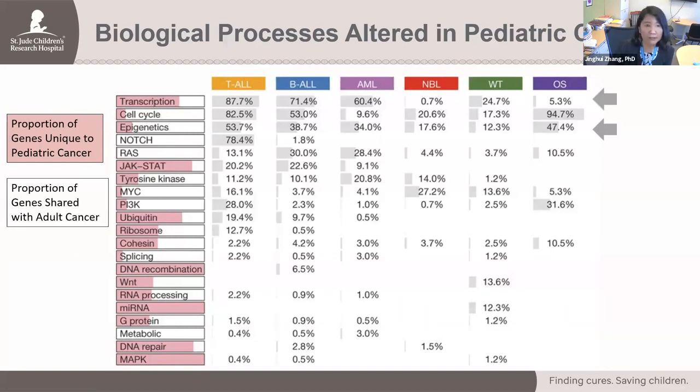So what we've shown here is that transcription factors, which are the top dysregulated class of genes in pediatric cancer, are for the majority absent in adult cancer, suggesting that therapeutic approaches targeting this group are required to find new ways to target these driver variants that are specific to pediatric cancer.